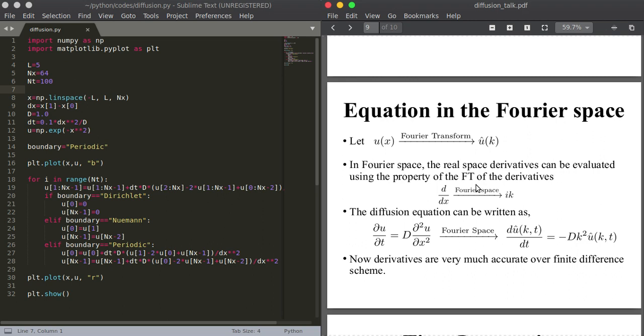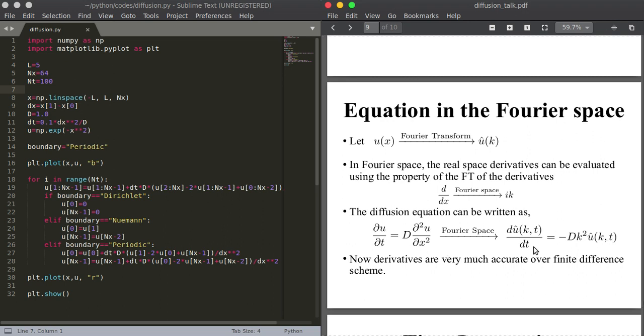So it is easy to get the space derivative by just multiplying by ik. The d/dx is just replaced by ik. For the double derivative, it will be ik multiplied by ik, which is just minus k squared. Okay, so in Fourier space this diffusion equation can be written like this.